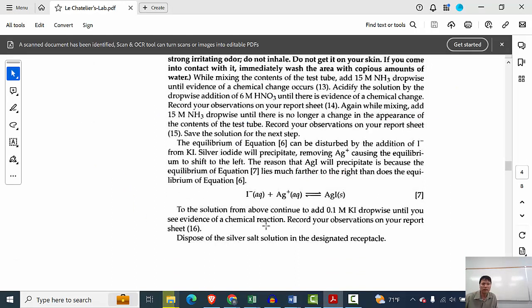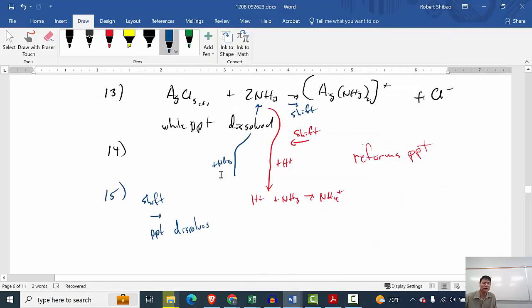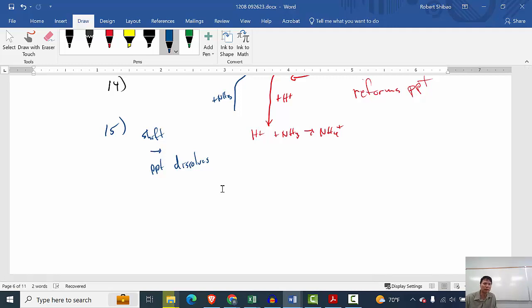16. To the solution from above, continue to add 0.1 molar KI dropwise until you see evidence. Record your observations. So in 16, you should have gotten a precipitate.